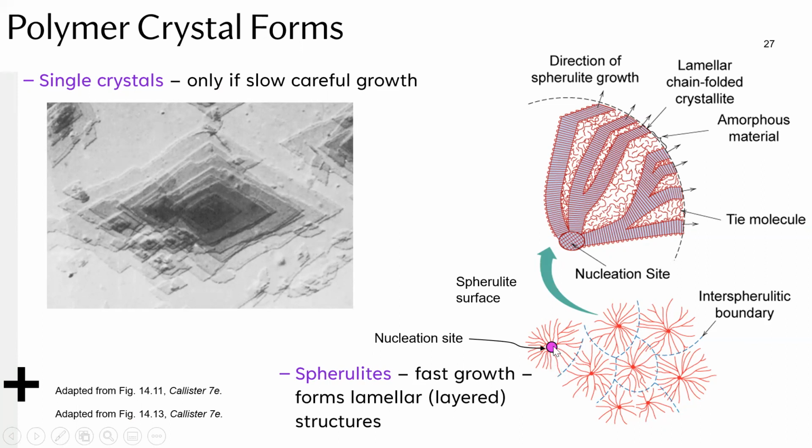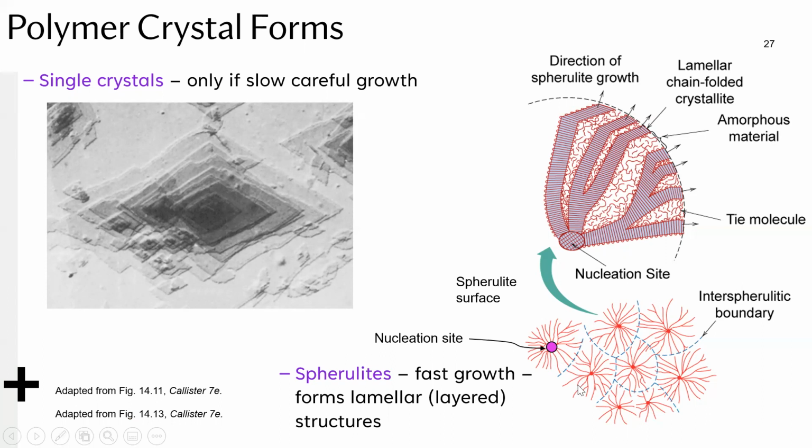You have a nucleation site. It maintains some level of crystallinity that propagates from the nucleation site, but then outside there are regions of amorphous material connecting these tie molecules, as they call them, the amorphous regions connecting these crystalline regions together, these crystalline branches. And what you end up getting is these localized nuclei that actually locally induce some crystallinity.